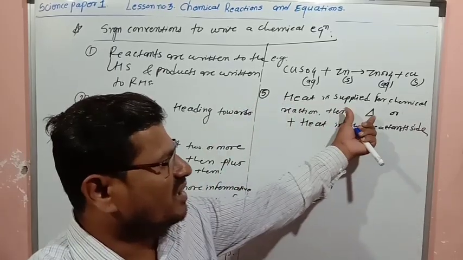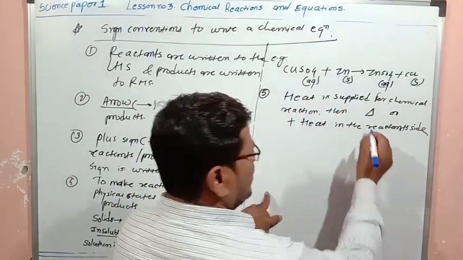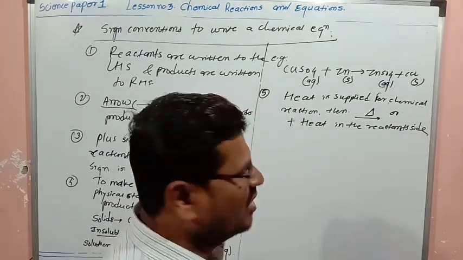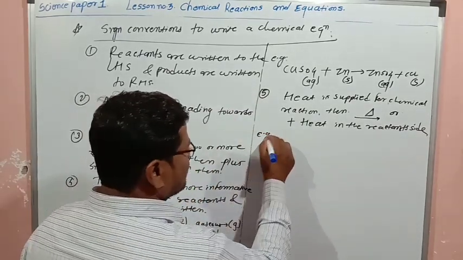You can write delta above the arrow, and/or plus heat on the reactant side. We'll take an example for this.